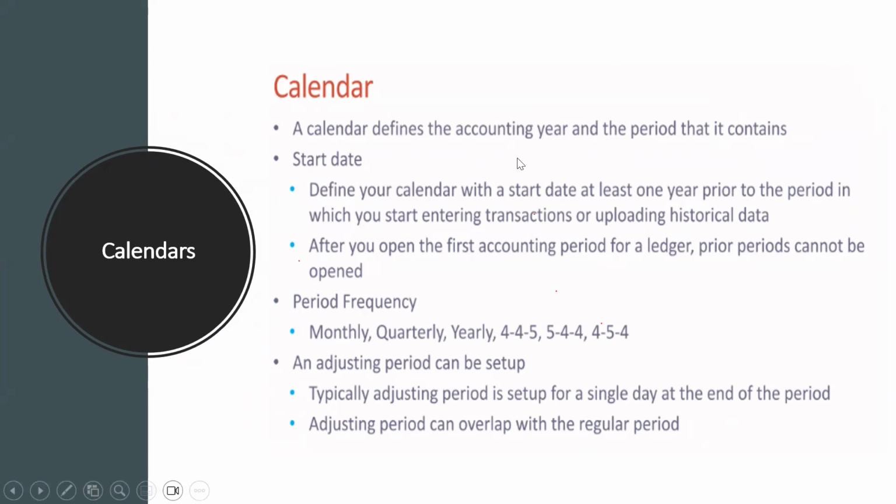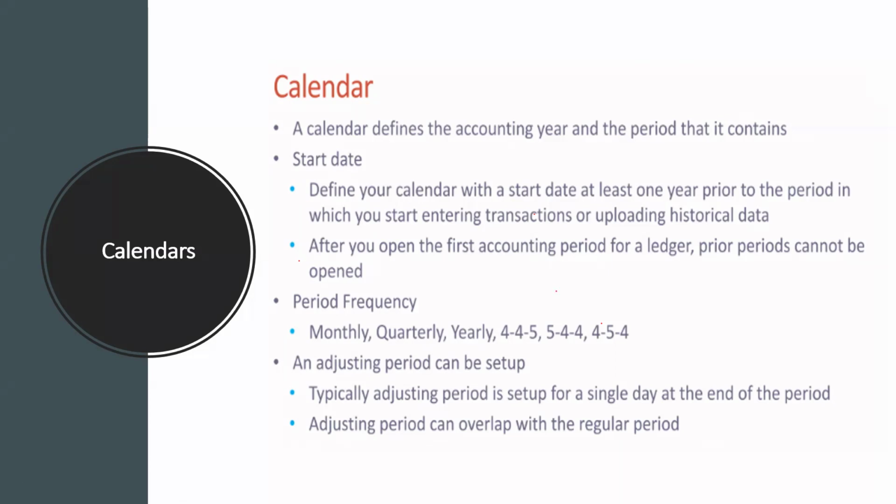If you are configuring one chart of account, you can create multiple calendars based on your requirement. Say ABC Limited has business operations at UK level, US level and India level.